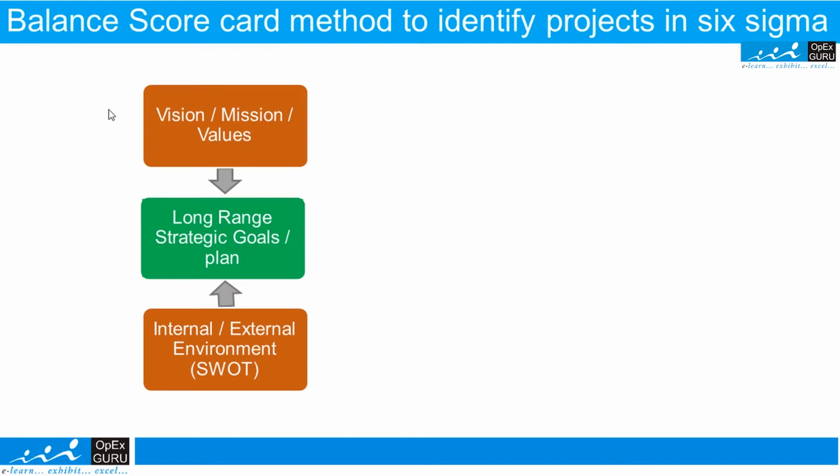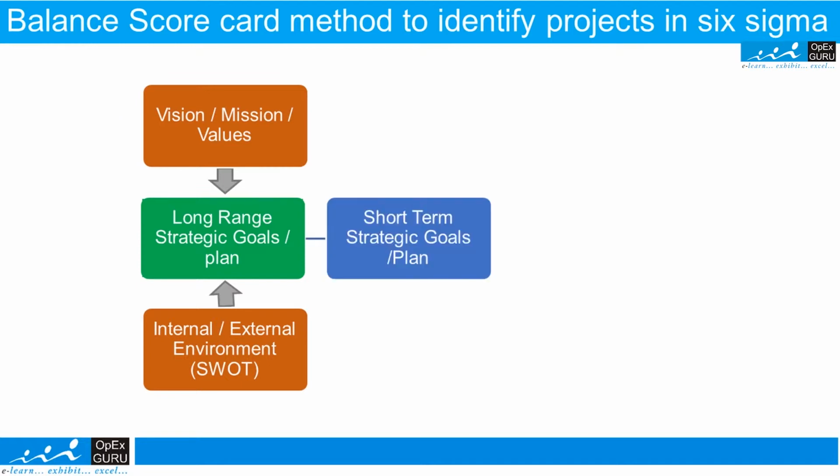From there they come out with the long range strategic goals or plans. These long range strategic goals or plans are then converted into short term strategic goals or plans. Let's say, for example, long range strategic goals can be for 3 to 5 years, whereas short term strategic goals or plans can be for 1 year.